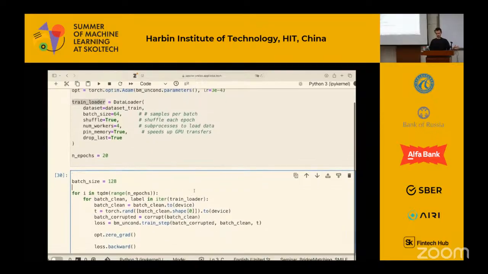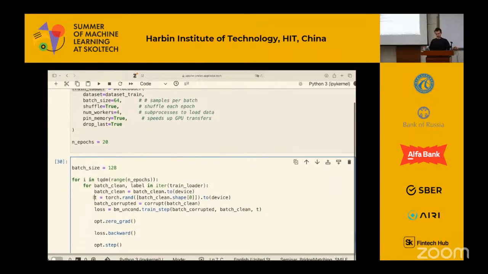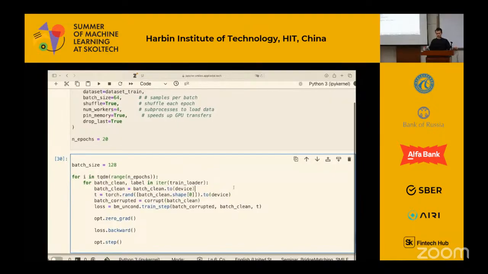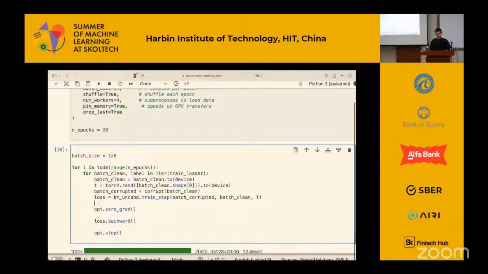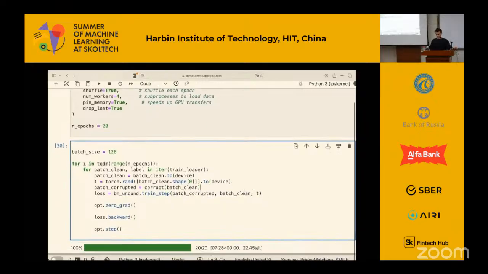And again, we do all the regular things. We sample data, we sample time t, and do a bridge matching train step, which I defined in the beginning of the seminar.